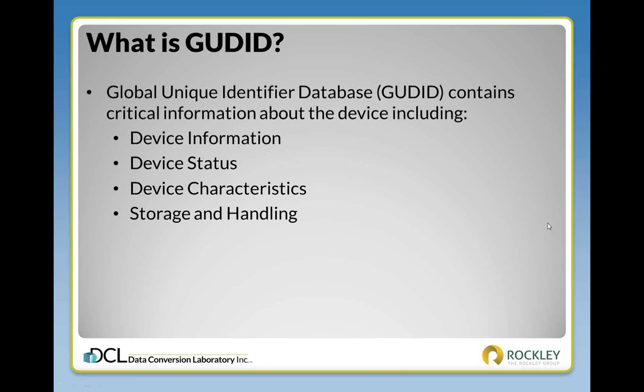It has lots of information about who makes it, what type of device it is, the characteristics of the particular device, what status it is in, what approval cycles it has gone through, what the storage and handling is for the device, all sorts of things like that. So essentially you're sharing data with the FDA about your information.